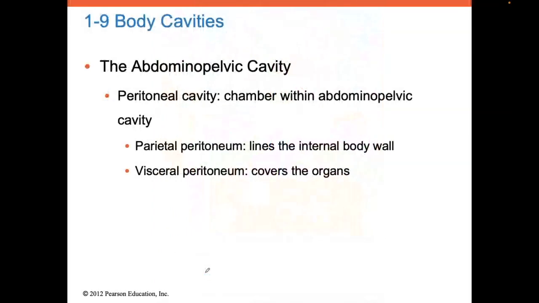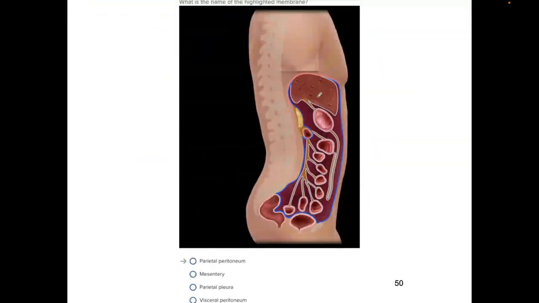When we talk about the abdominopelvic area, this is when we talk about the peritoneum. But again, you see there's a visceral and a parietal layer. The parietal lines the internal body wall. The visceral layer, the viscera is the organ, it covers the organ. So from a sagittal view, this is a sagittal plane, we can see the liver, I can see the stomach, I can see the intestines, I can see the kidney, I can see the pancreas.